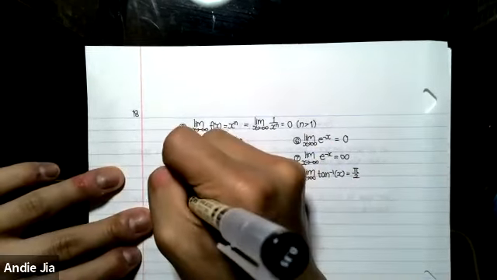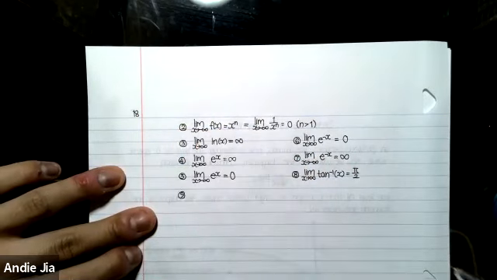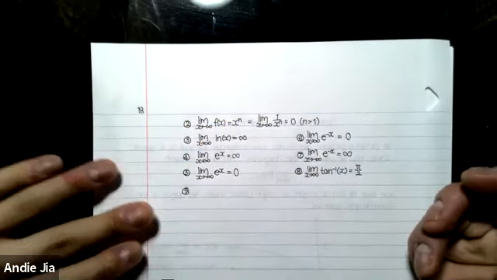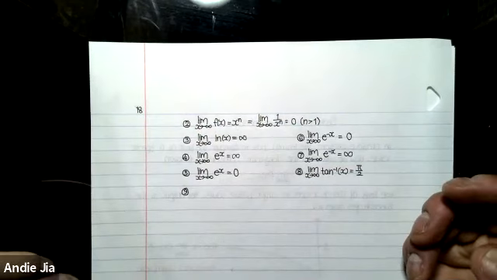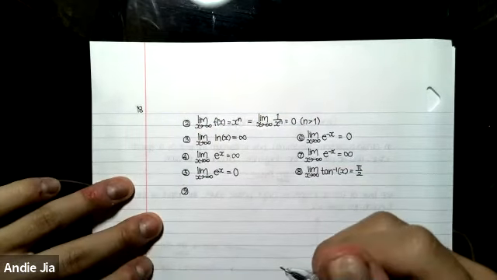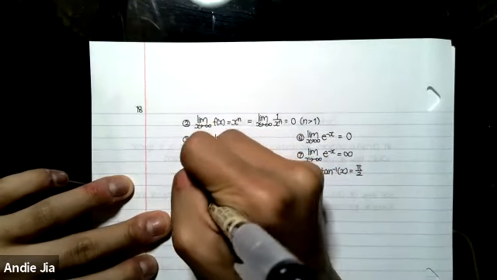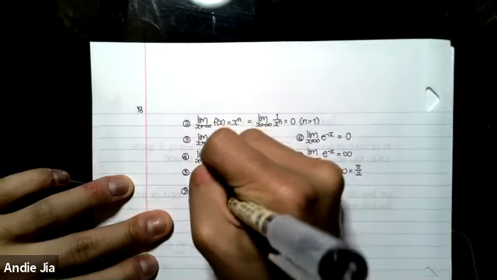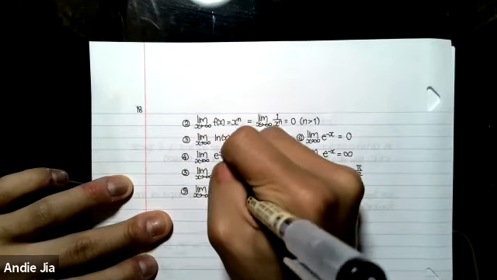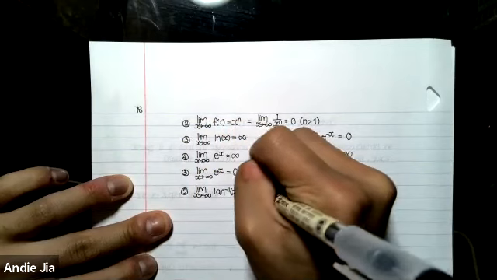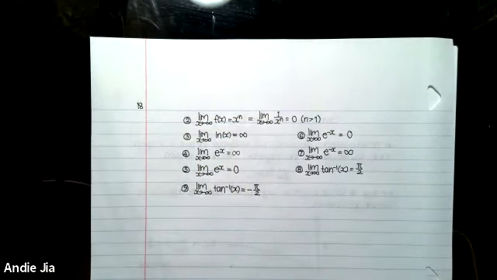And number 9, the inverse tangent as x approaches negative infinity is negative pi over 2. Now we have the 9 most important laws for limits for section 2.6.